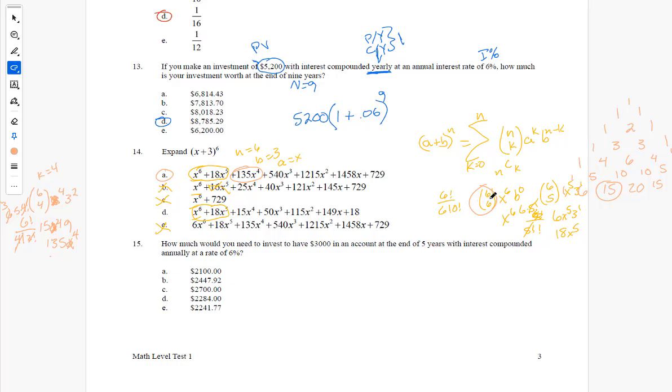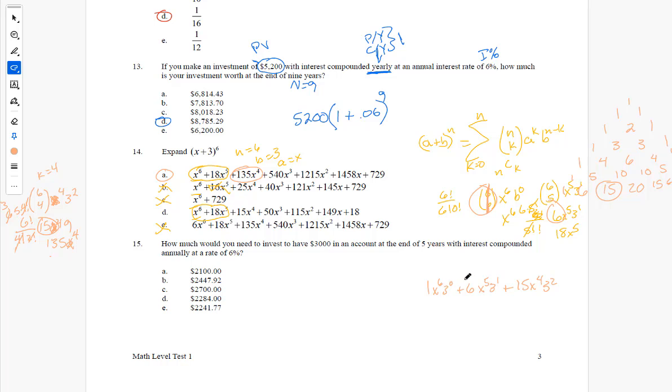Well, all of these actually, we got a 1 here, then we got a 6, then we got a 15. These are the coefficients that would do this. So I'm going to write this out so you can see with Pascal's triangle what it would have been. So 1, 6, 15, 20, 15, 6, and then a 1. So 1, x to the 6th, 3 to the 0, plus 6, x to the 5th, 3 to the 1, plus 15, x to the 4th, 3 squared.